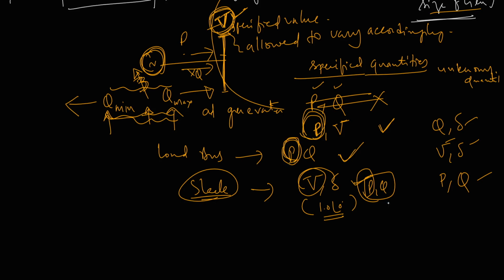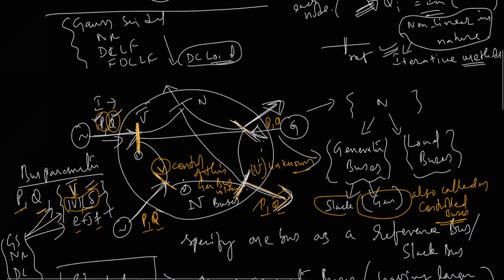And at the slack bus, if P and Q are specified, then P is specified. That means at all n buses in the system, P is already specified prior to the solution of the load flow, which means that definitely this load flow is not going to converge at all.